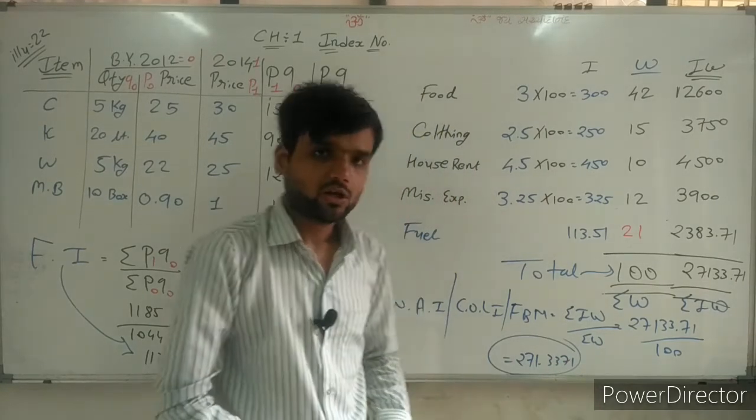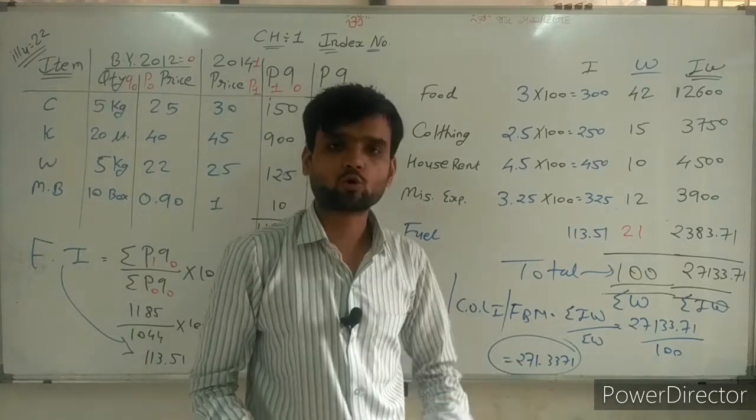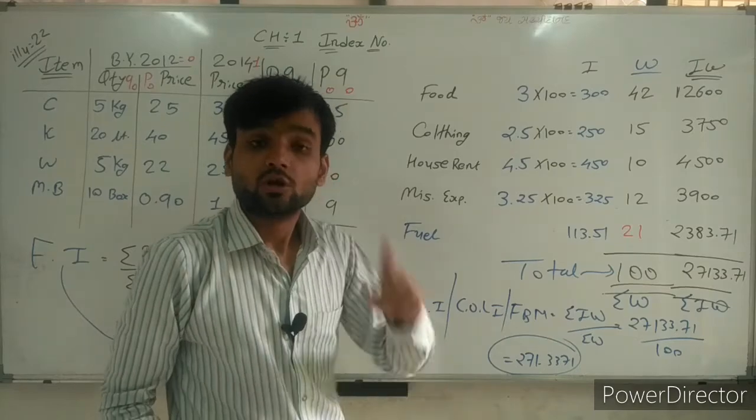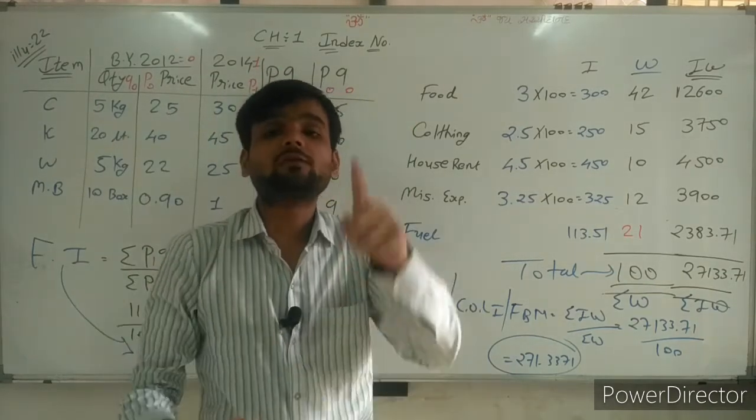Approximately I can say 271.34. This is my index number. Family budget, total cost of living index number.